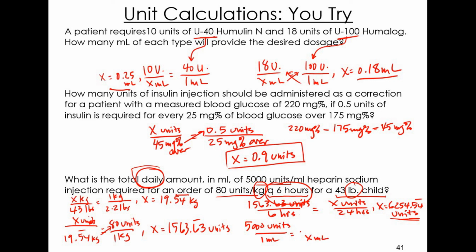How many milliliters is 6,254.54 forever units? And this is the number of mils that would be required daily. So bringing these up, dividing by 5,000. Answer is 1.25 milliliters of the heparin injection.